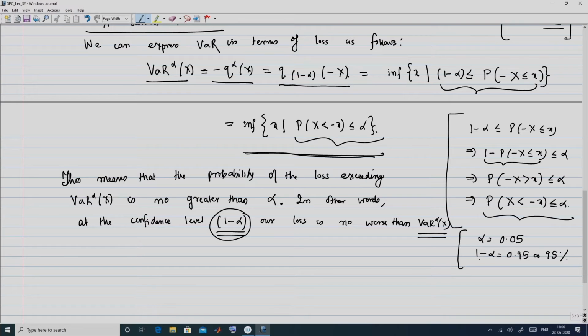So in that case we say that in 95% of cases the loss is no more than VaR of 0.05 of x.